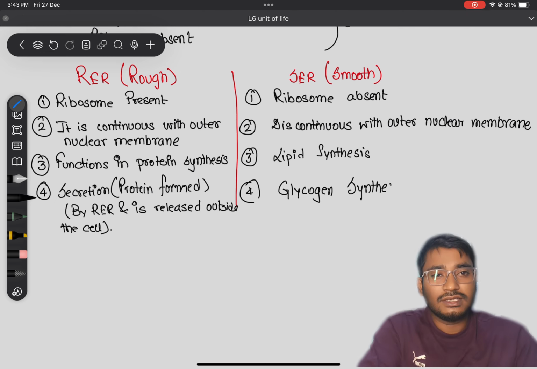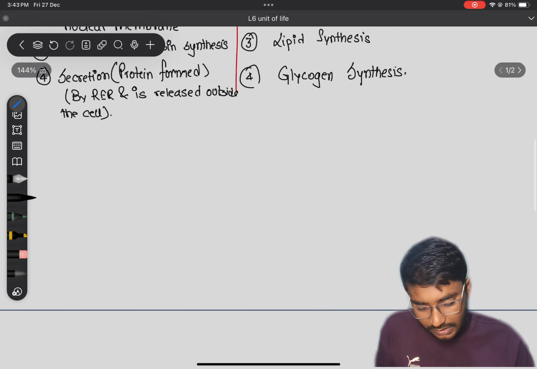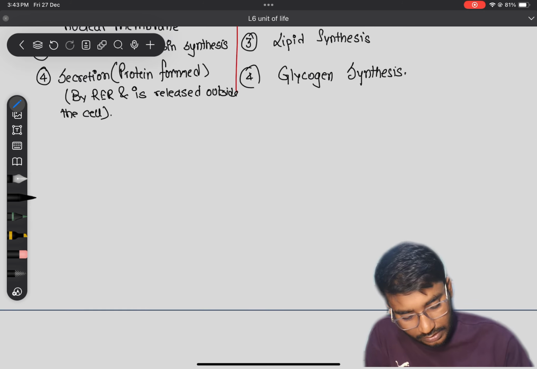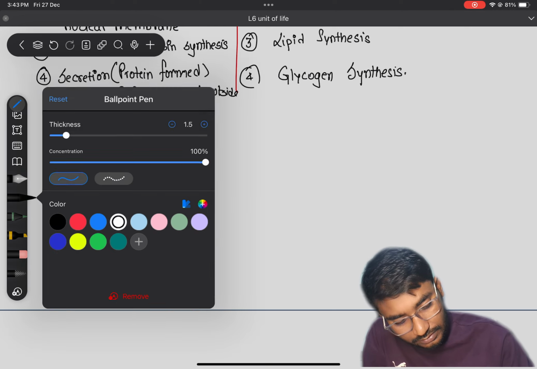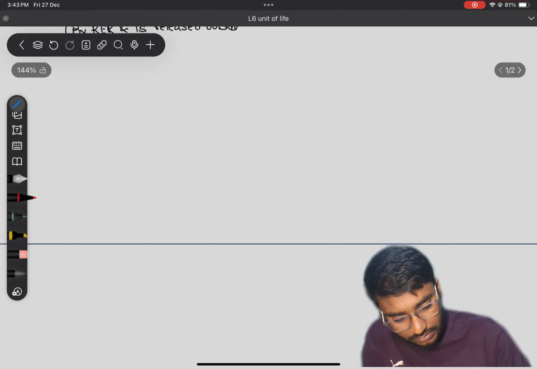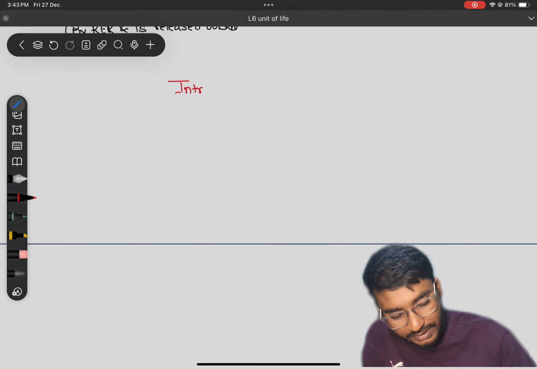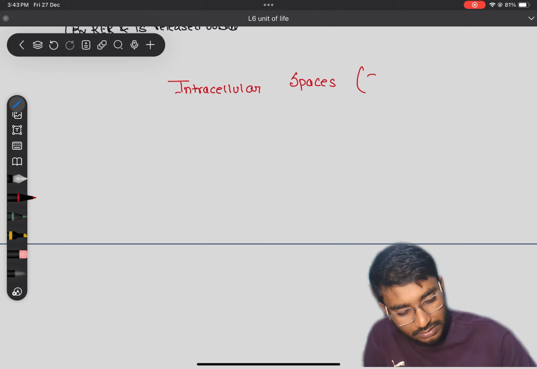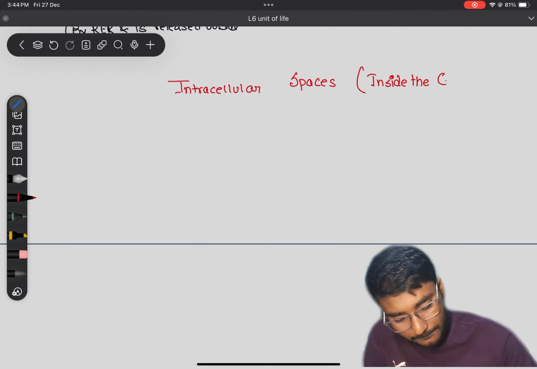Okay, glycogen synthesis. Now the intracellular spaces inside the cell. Give it the heading, the intracellular spaces. This is inside the cell.